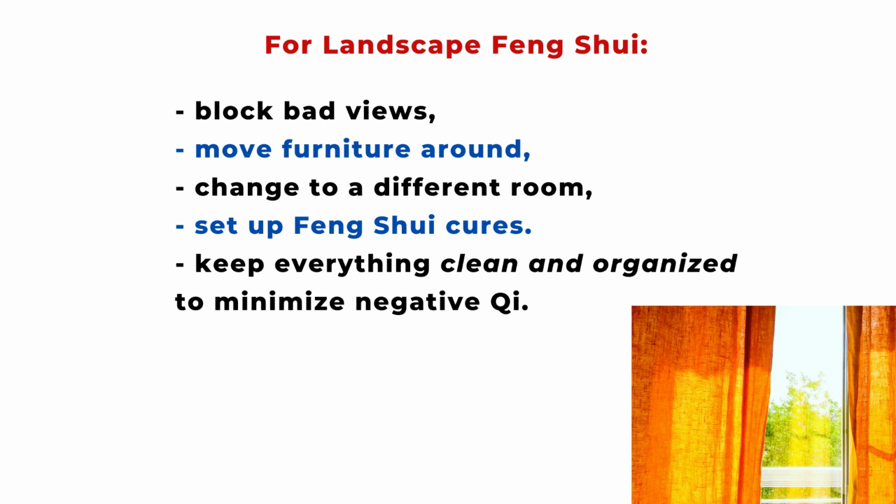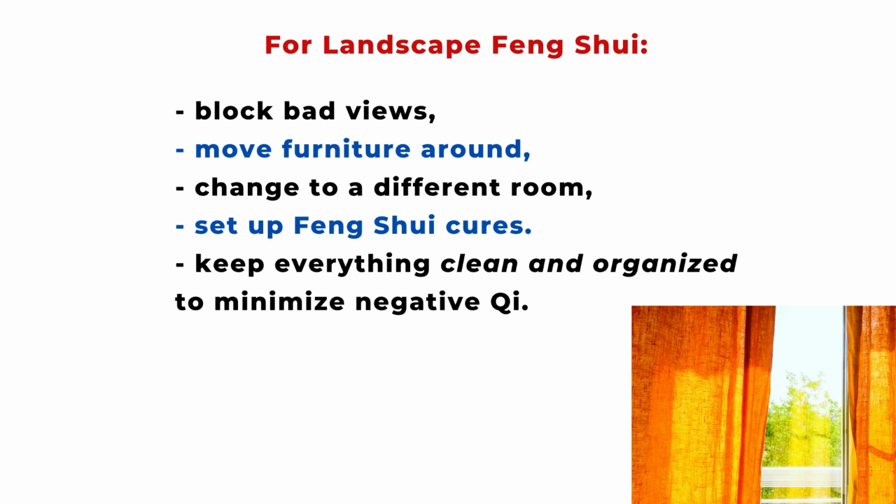We can block the bad views with a curtain or some type of screen or even plants. And we can move our furniture around so the important areas are in the lucky direction or have beautiful views. And we can also change our rooms, so your bedroom, living room, or entrance can be in the lucky location, receiving the lucky energy from outside.